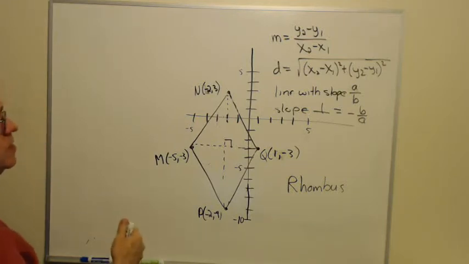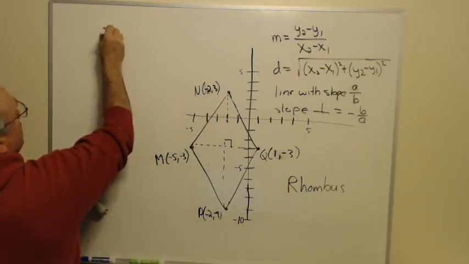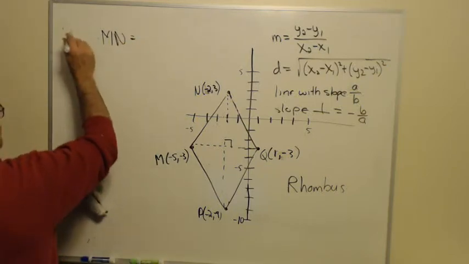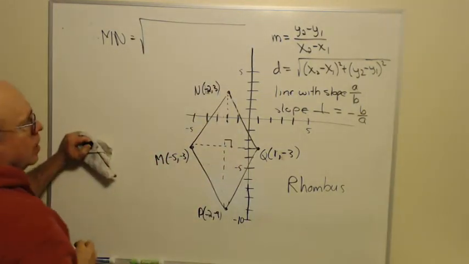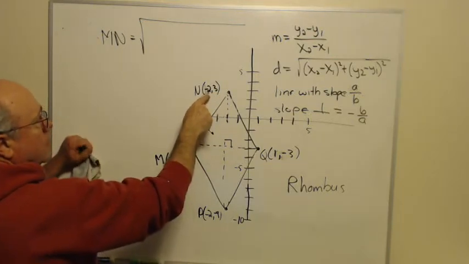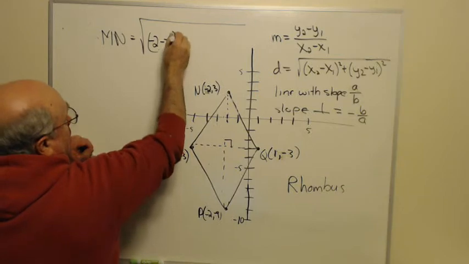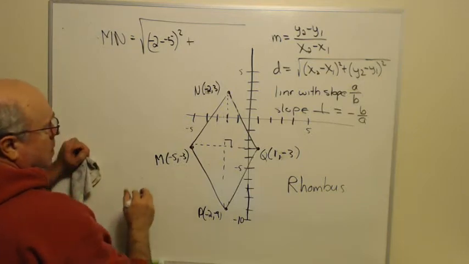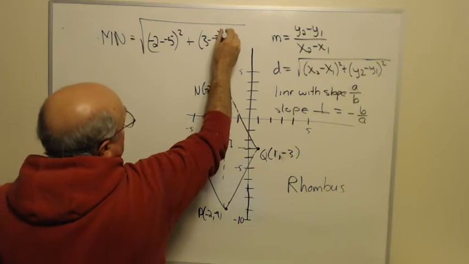Okay, I'll do one of these operations. I'll find the length of MN here and leave the others for you to investigate. But just to show the distance formula, the length of MN is a big old square root. It's the square root of negative 2 minus a negative 5 squared, that's the x2 minus x1 squared, plus 3 minus a negative 3 squared.